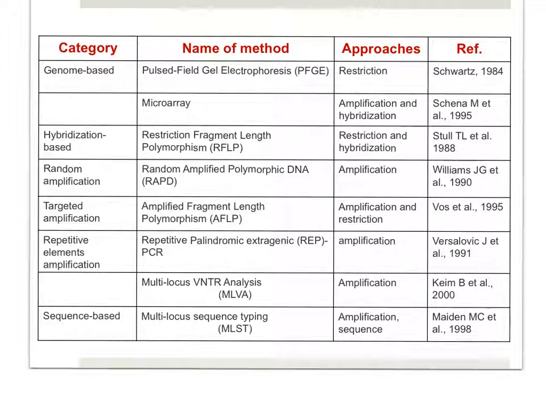VNTR, multi-locus variable number tandem repeat analysis; MLVA and VNTR are the same thing. And some methods are just sequence-based, multi-locus sequence typing, MLST. We'll look at MLST as well.